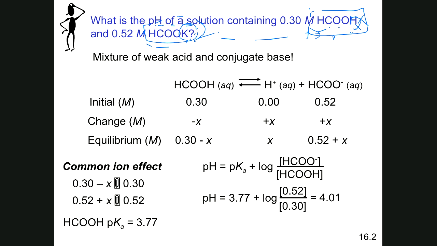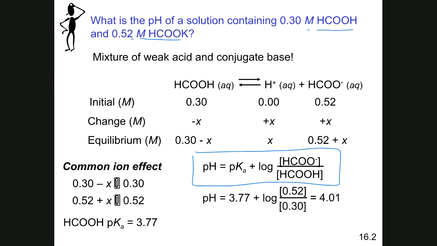So what would be the pH for this solution? Because we have a mixture of the acid and the salt of the acid, we are using the Henderson equation. A major part of problem solving is understanding the problem and memorizing the formulas.